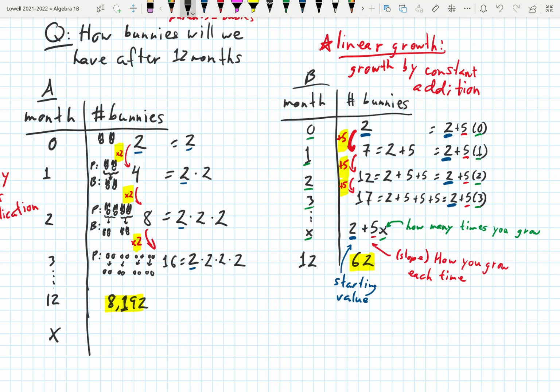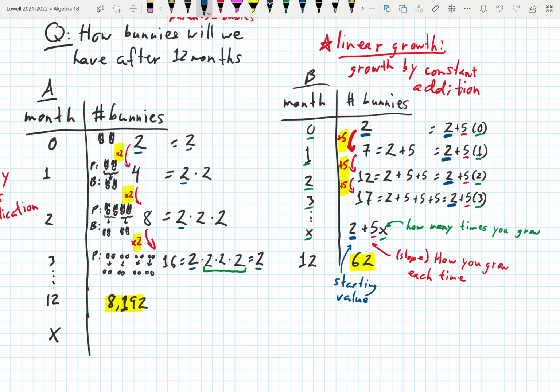We can also see here, I can rewrite this as, well, in this case, I start off with the original 2, and then how many times did I use our multiplier, or that common jump of times 2 each time? Well, I did it 3 times. I can see it right here. 1, 2, 3. And so the way I could represent 2 times 2 times 2 is with exponents.